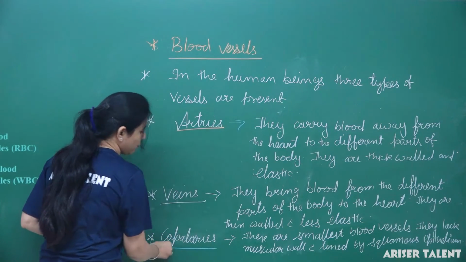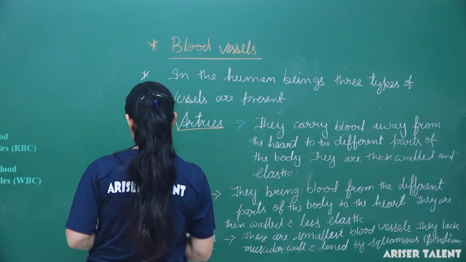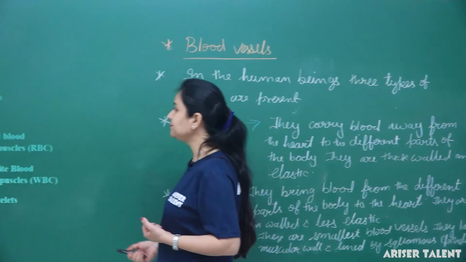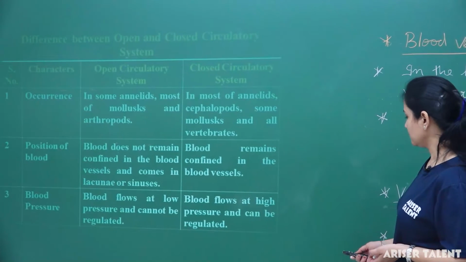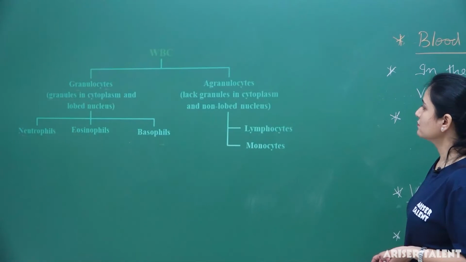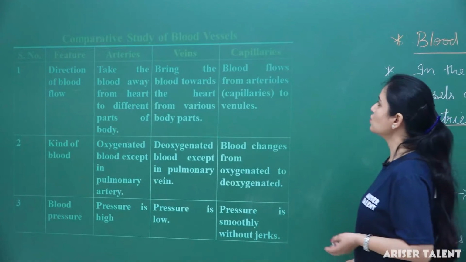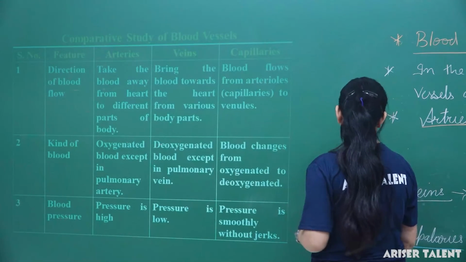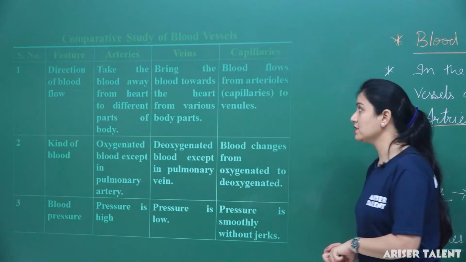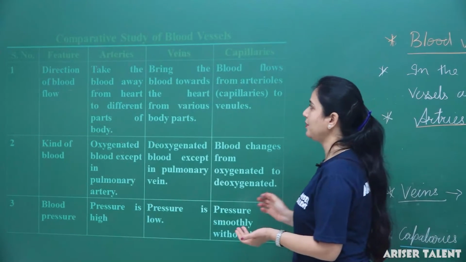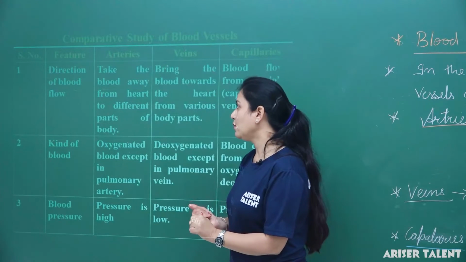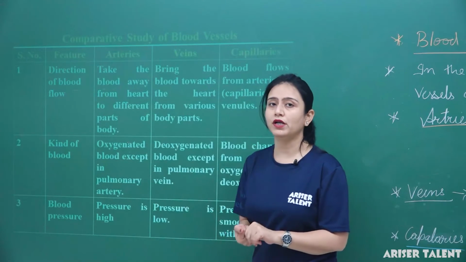Now we are going to talk about the differences between arteries, veins and capillaries. So here we are going to talk about the comparative study of blood vessels. As I told you, blood vessels are of three types: arteries, veins and capillaries. If we talk about the first feature, that is direction of blood flow.